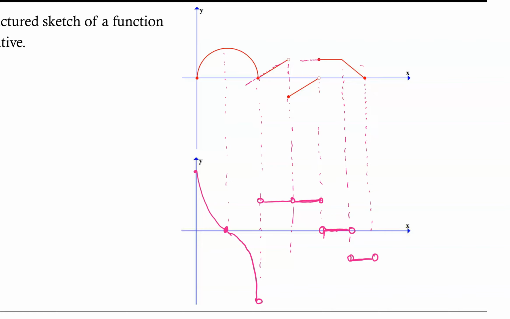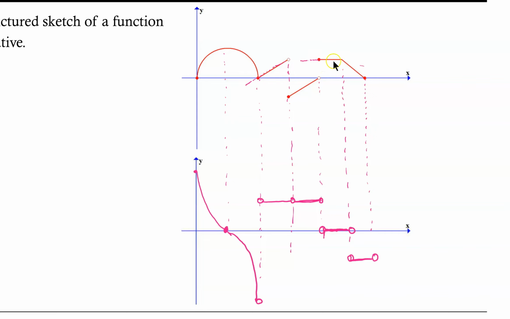So now what we have is a sketch of the graph of the derivative of our function. Notice we have this curve that passes through the x-axis. These two slanted line segments that have positive slope have created this horizontal component of the derivative.